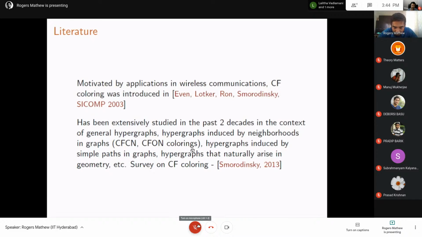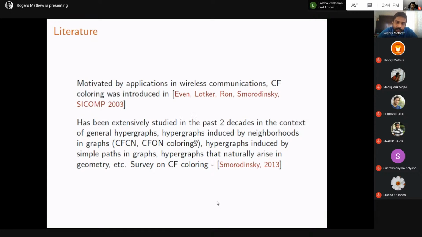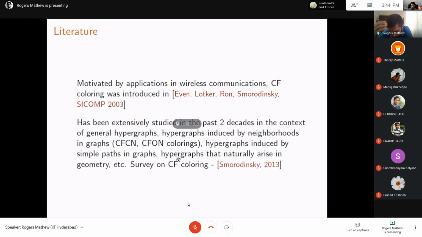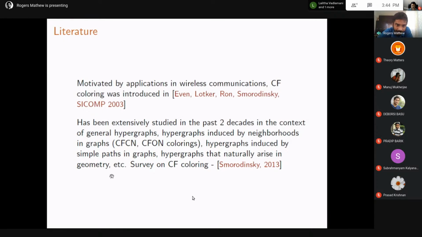The general problem is on hypergraphs, and people have studied it there, including on hypergraphs induced by neighborhoods in graphs, one variant of which we are going to look at in this talk, and also on hypergraphs that naturally arise in geometry. You can look at the survey paper for more results.